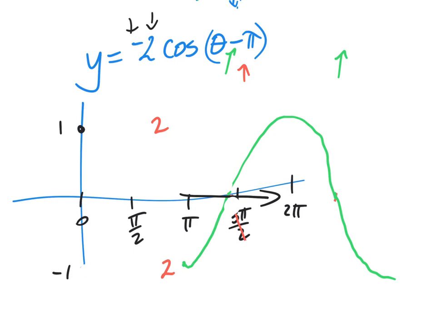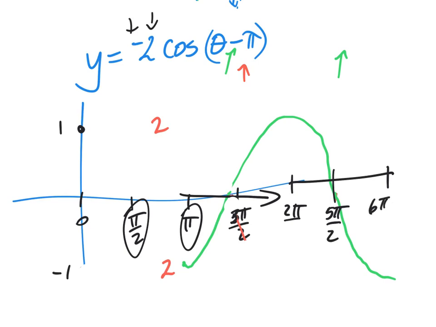Now, one more thing. I need to label here. So I should label where this and this, what those are. And it's much easier to just count up by 1 pi over 2, 2 pi over 2. This one was 3 pi over 2. This is 4 pi over 2, same as 2 pi. 5 pi over 2, 6 pi over 2.